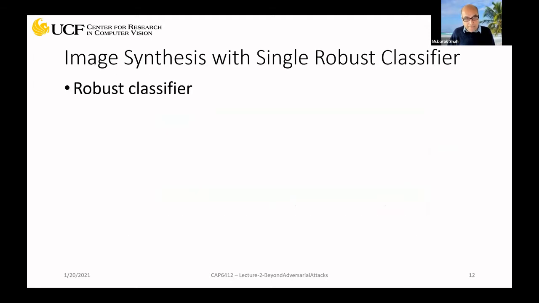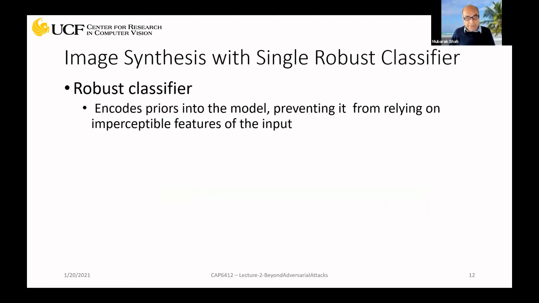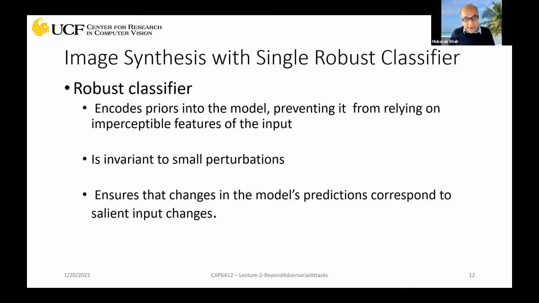So, a robust classifier encodes priors into the model, preventing it from relying on imperceptible features of the input. It's invariant to small perturbations because we add the perturbation in our loss function, and it ensures that changes in the model's prediction correspond to salient input changes.